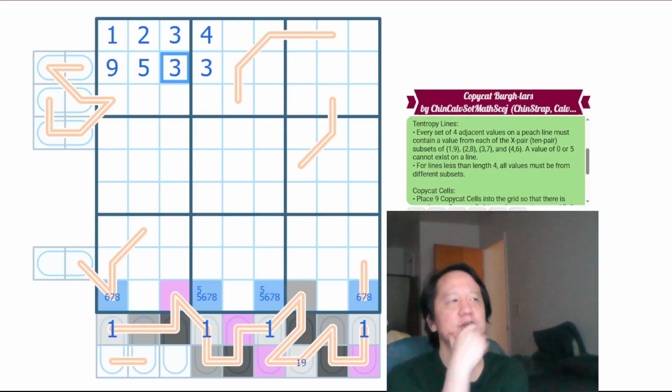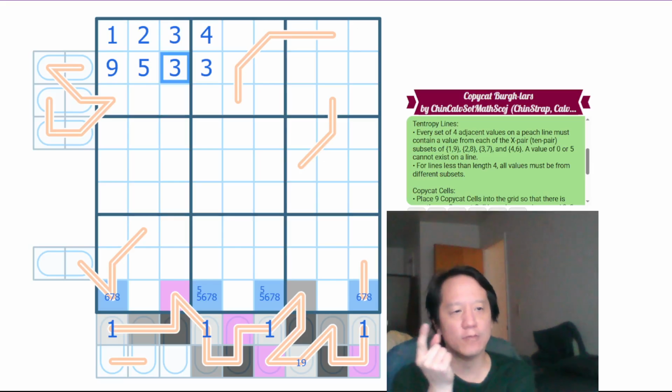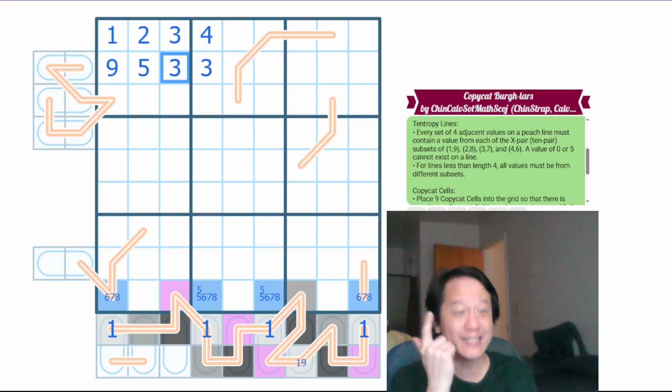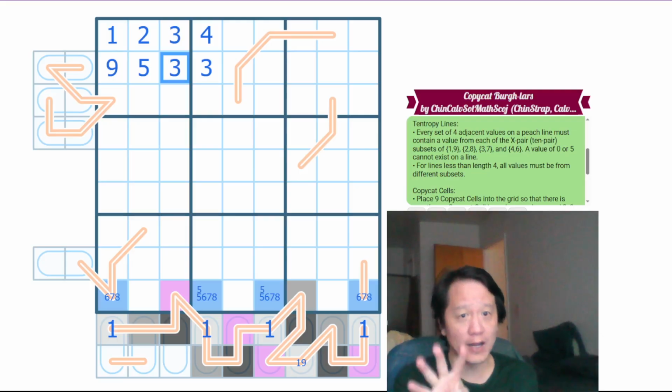Actually, how is that going to even work? Oh. Right. 3 adds up to at most 20. 4 adds up to at most 21.